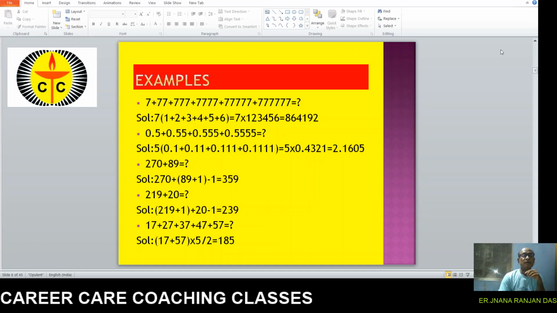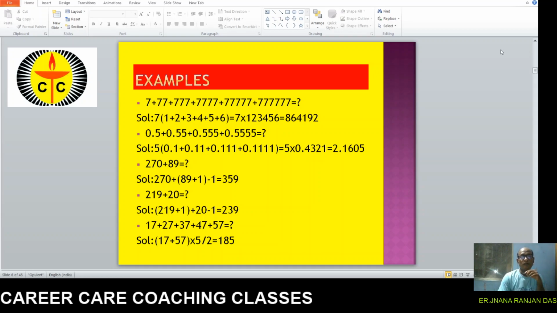Here the problem is adding up numbers in which a particular digit is gradually repeated: 7 plus 77 plus 777 plus 7777. Gradually the number of digits is increasing.